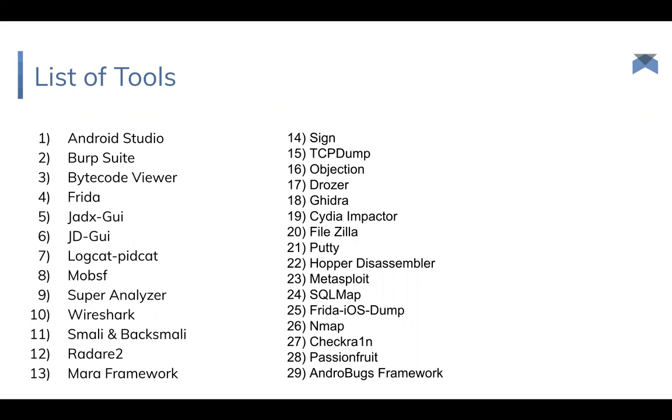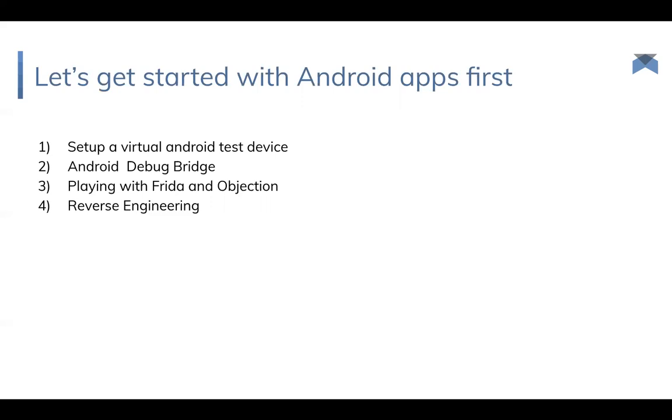But these are amazing tools you will require in order to do mobile application security testing, and these are important tools that you will be playing around with each and every time. Now let's do one thing. Let's get started and see how we connect with our devices, what tools are provided, and how the UI looks, and everything, right?